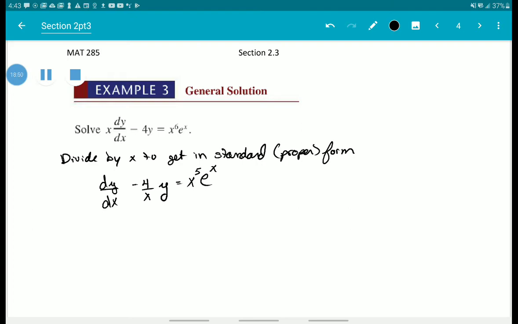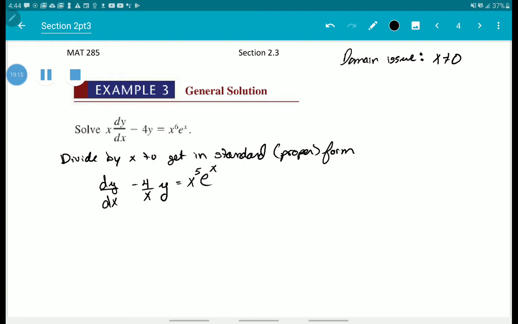So notice that in this case we had to divide by x, which means that we have already introduced a domain issue, because when we divide by x, we know that the denominator can't be equal to 0. So let's keep track of that over here. We know x can't be equal to 0.